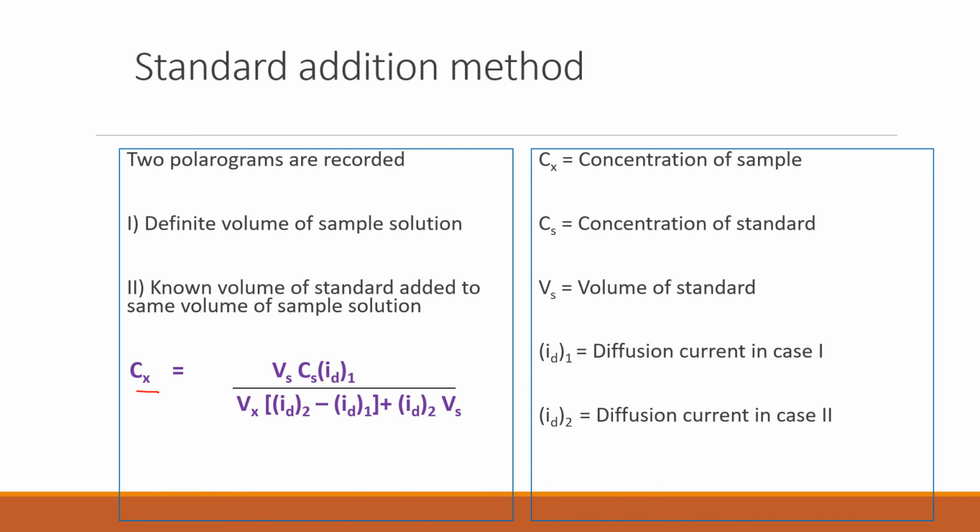ID2 is the diffusion current in the second case when a known volume of the standard is added to the same volume of the sample solution, and Vx is the volume of the sample. So this is how we can do qualitative and quantitative analysis in DC polarography.